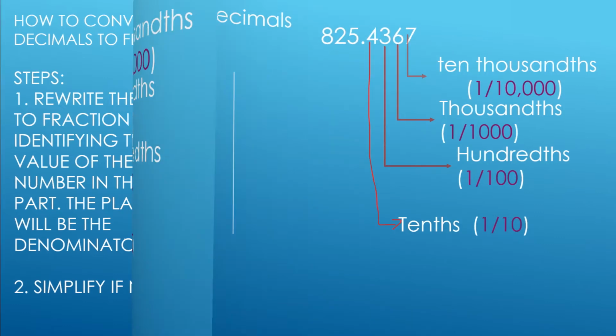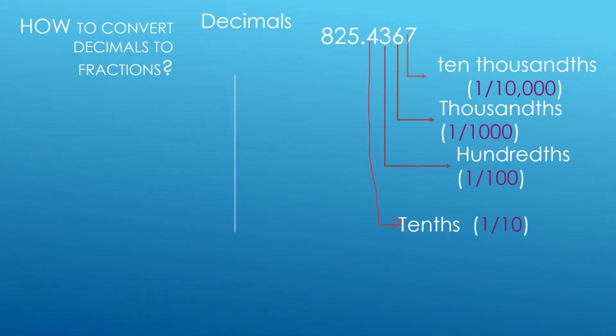Let's have this one again, focusing on this part here. Let's say we only have 4. 4 means 4 over 10. If we have 43, the place value of the last digit, which is 3, is in the hundredths place, which means the denominator of 43 is 100.